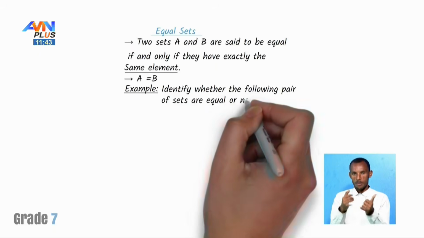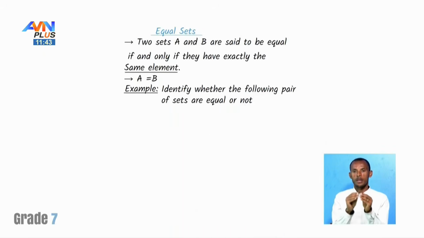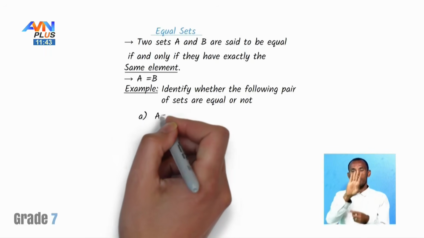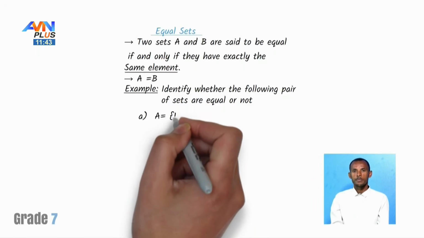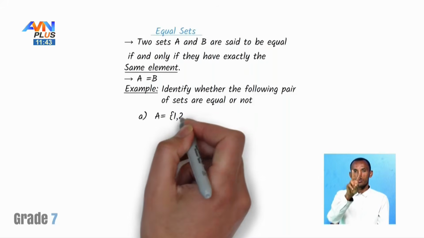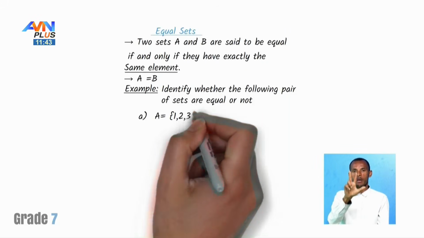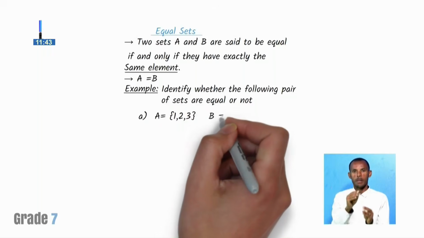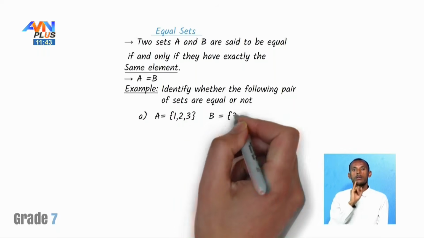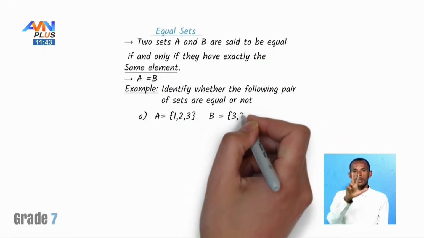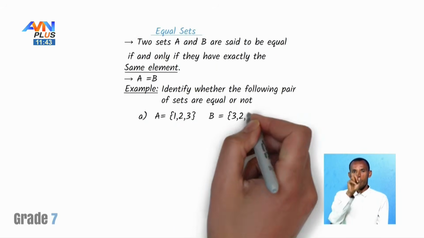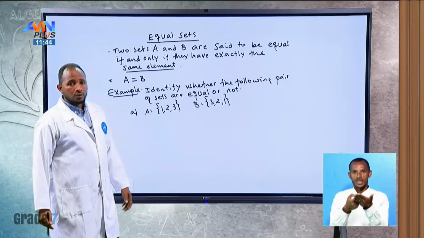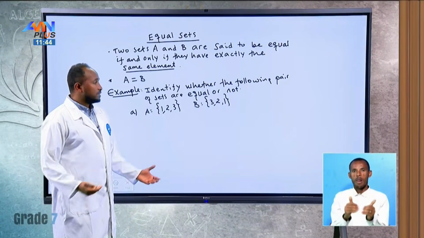Now, the first one, set A is given to be 1, 2, and 3. Let's take another set, B, which is 3, 2, 1. Are these two sets equal? Let's see it together.